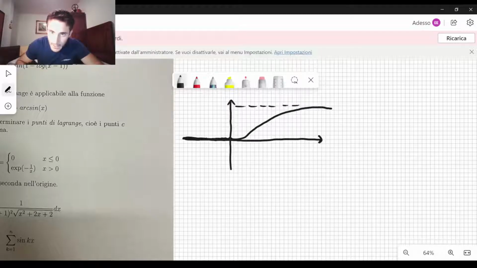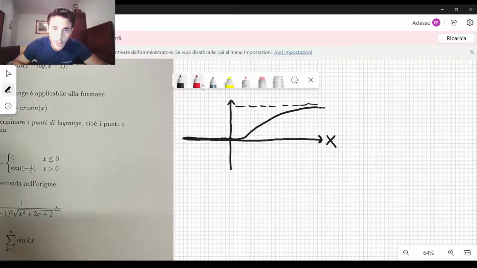So for x very large, the function will approach the value 1, because in this case, minus 1 over x will be close to 0, but the exponential of 0 will be 1. So for x approaching infinity, the function will approach the value 1. So this is x, and this is the function f of x. It will behave like this.